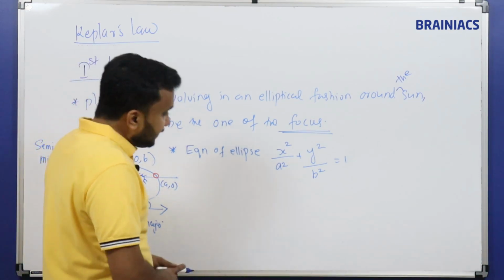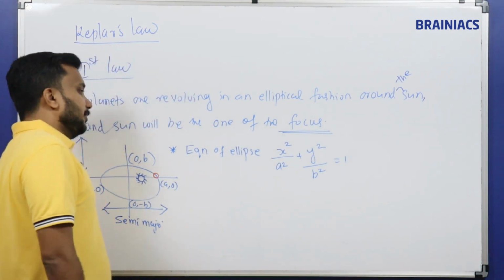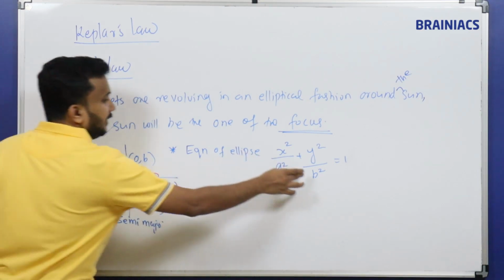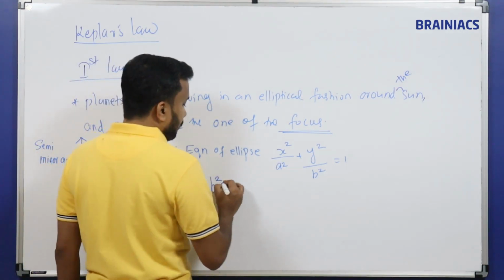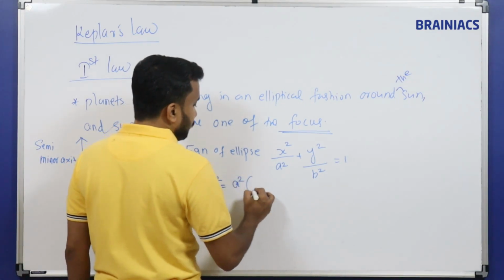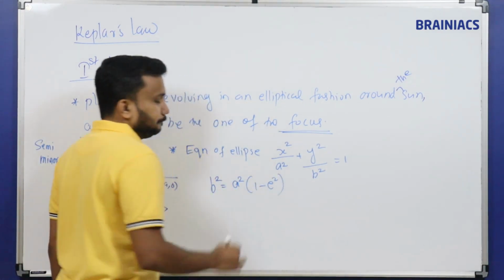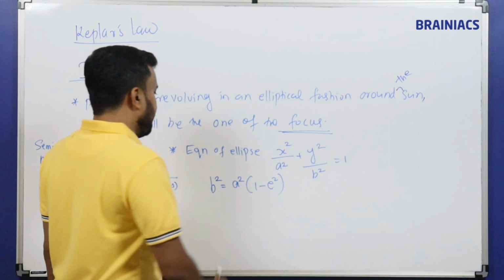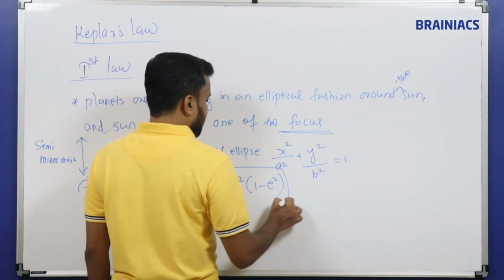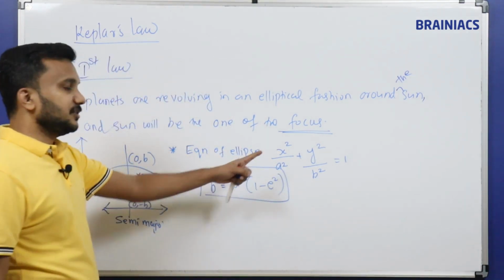So there is a relation connecting b and a. The relation is b square is equal to a square into 1 minus e square. This is also a relation from mathematics.